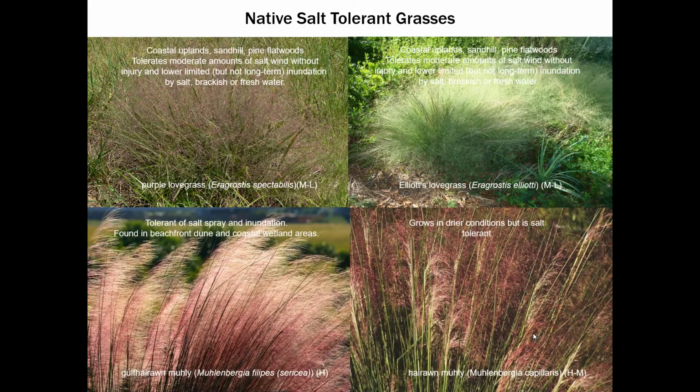It'll not only enhance your site, it'll decrease the amount of turf, so you don't have to spend money on watering or chemicals that could get in the waterways. And it also provides further wildlife habitat and beautiful fall and winter color.